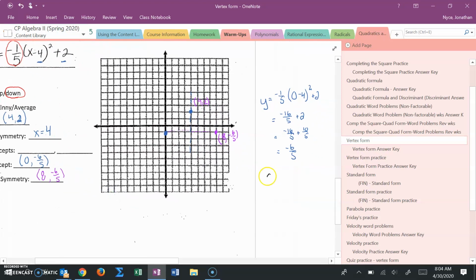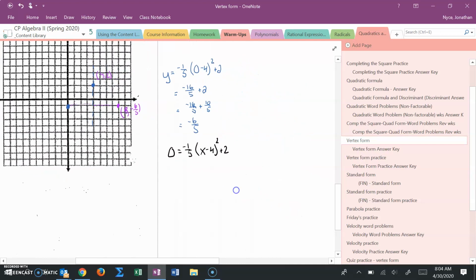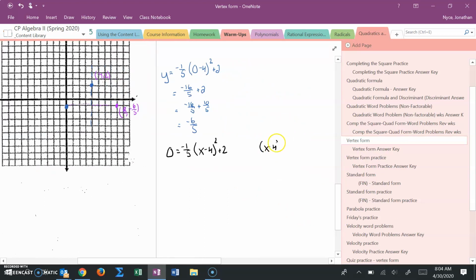we end up with 0 equals negative 1/5 times x minus 4, that quantity squared, plus 2. Again, you can take x minus 4 and square it, multiply that answer by negative 1/5, add 2, and you would end up with negative 1/5 x squared plus 8/5 x minus 16/5 plus 2.